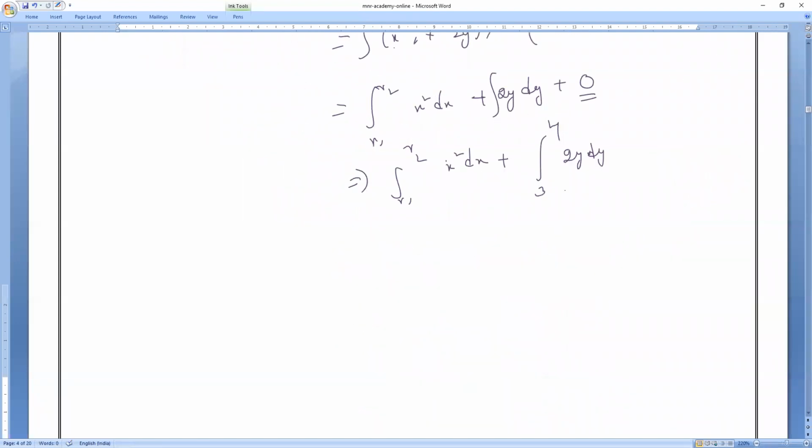Now fast, tell me the integration of x square. Integration of x square is x cube by 3, with limits 1 to 3. Next, plus the integration of 2y dy. The 2 remains outside, so it becomes 2, y dy.